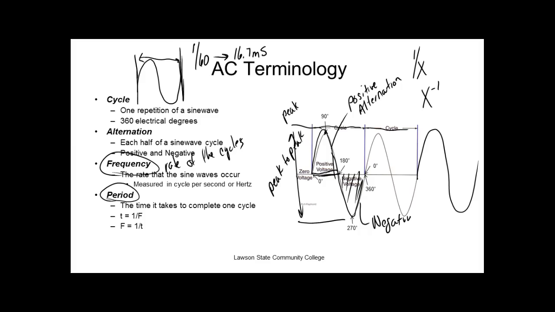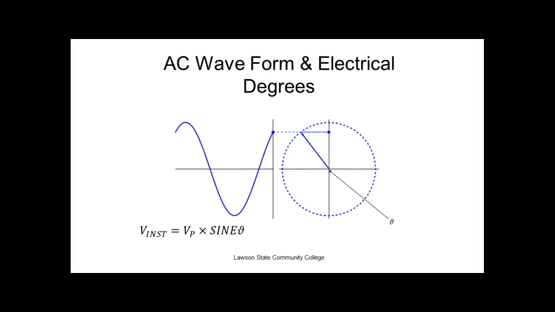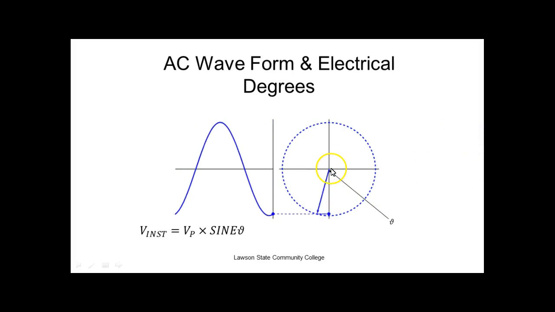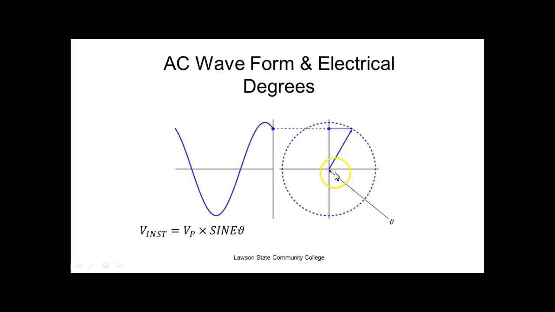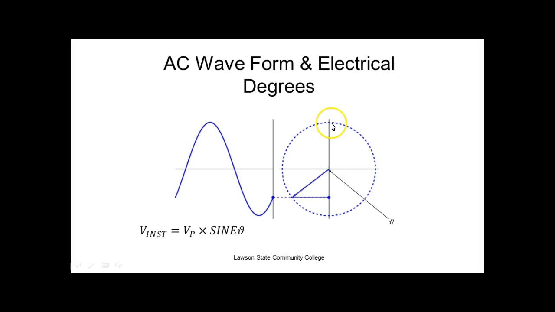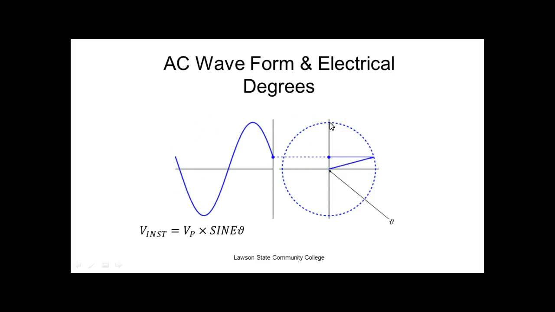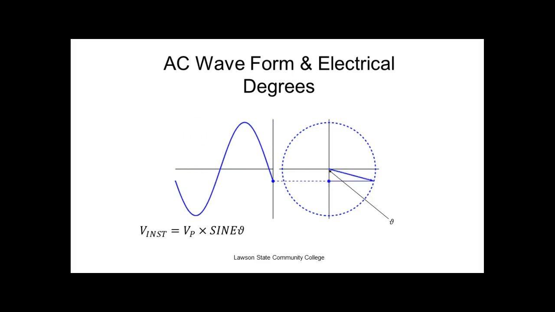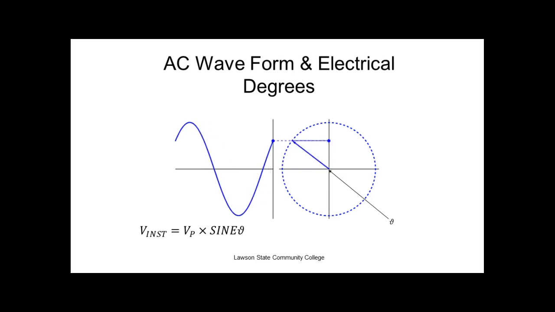To figure out how much DC we get from the AC, we're going to have to deal with the period. So this is what we're talking about. Here's the angle. We call this the angle theta. If you take the sine of the angle theta and multiply that times V peak, the positive peak, it will tell you the instantaneous voltage. That's why it's called a sine wave. Everybody okay? Yes or no? Because the voltage varies with the trigonometric sine of the angle.